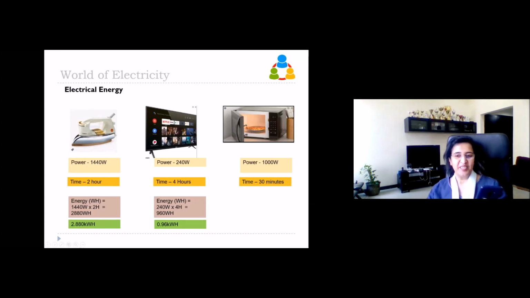First, we have to convert this 30 minutes into hours. How many hours is 30 minutes? Because we want it in kilowatt hour, right? Electrical energy on our electricity bill is in kilowatt hour.